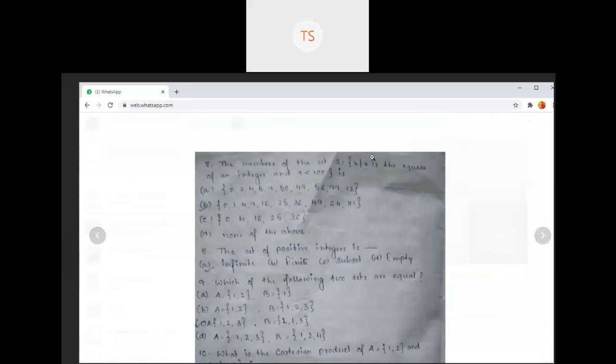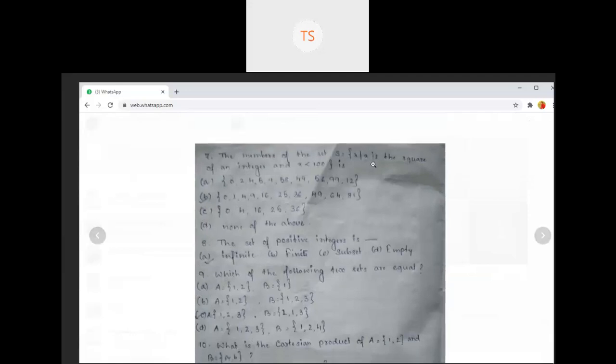You have to see in which form this set S is given. There are two forms to represent a set: first is the roster form or tabular form, and second is the set builder form. In this question set S is given in which form? Set builder form.